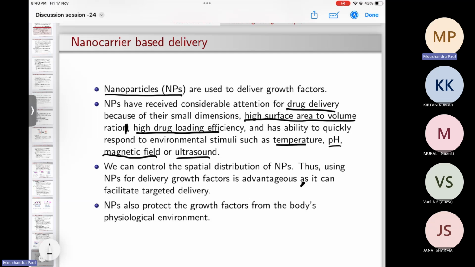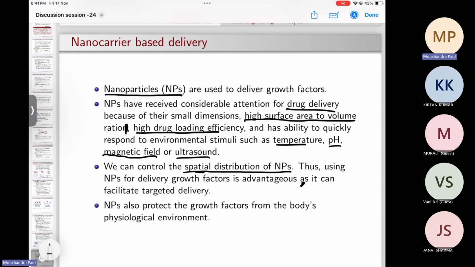Now we can also control how the nanoparticles are distributed spatially. This ability to control spatial distribution is big, which is why they are used for delivering drugs. Growth factors and drugs, if they are delivered at a very high concentration, can be toxic, right?